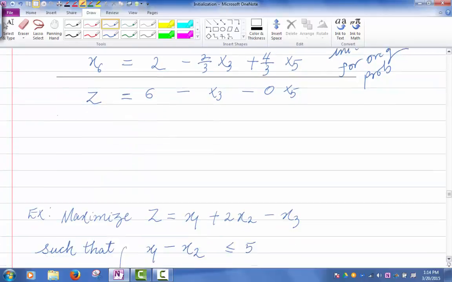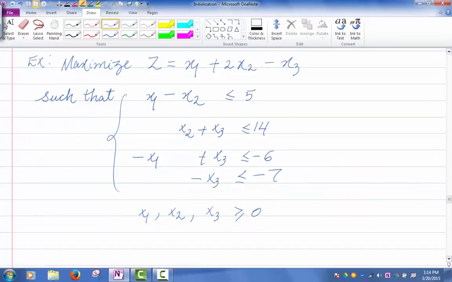So now let's do a different example. This is a new example. I didn't give you that in the handout, I think, last time.